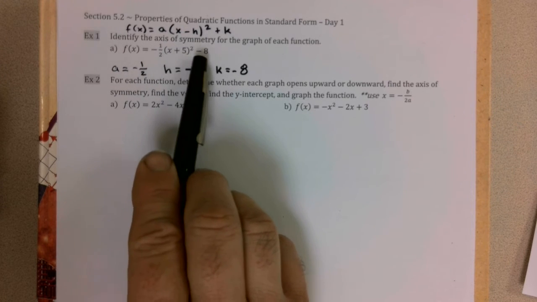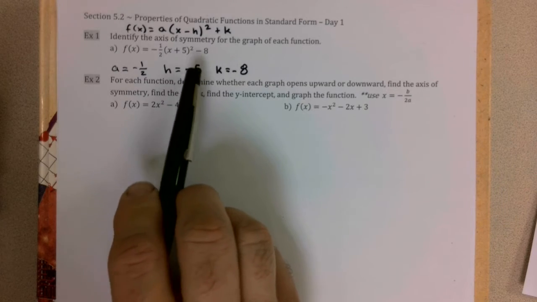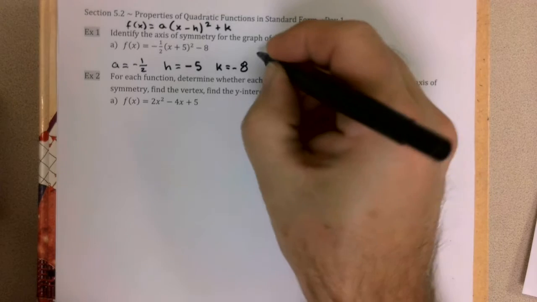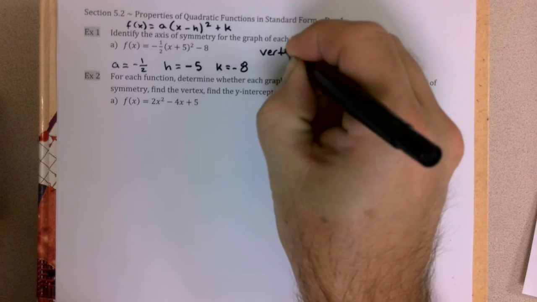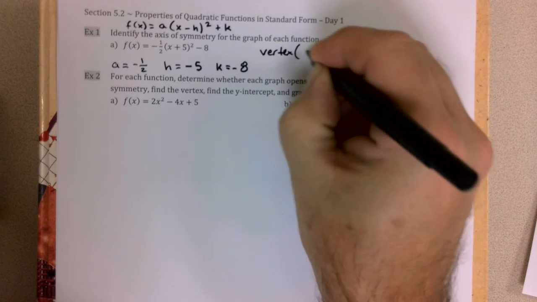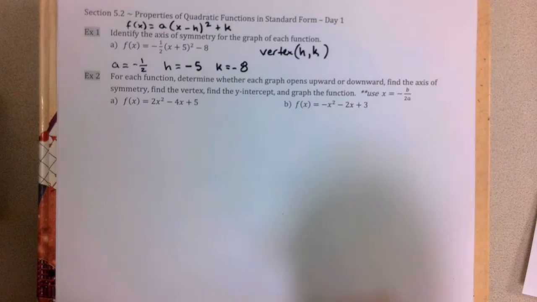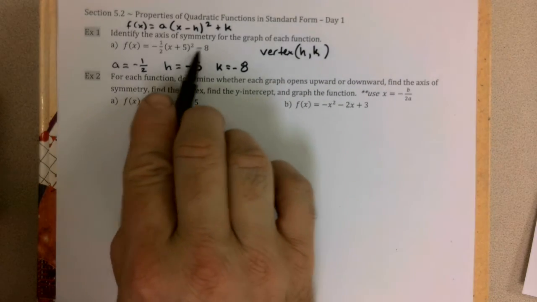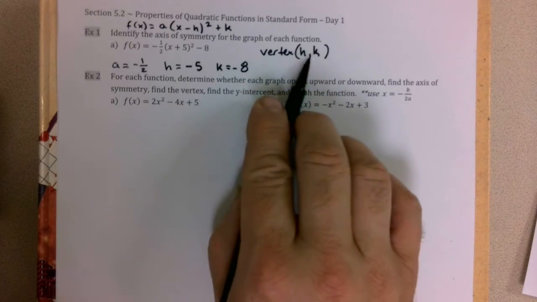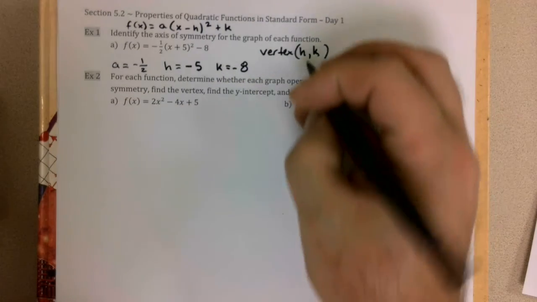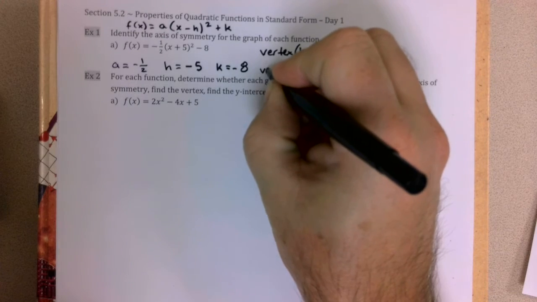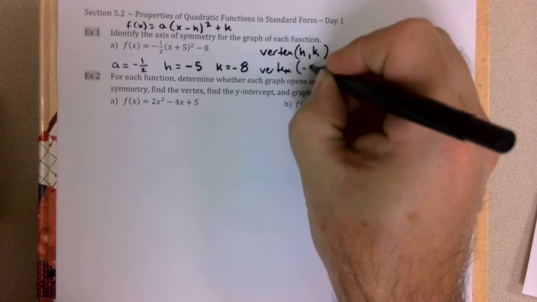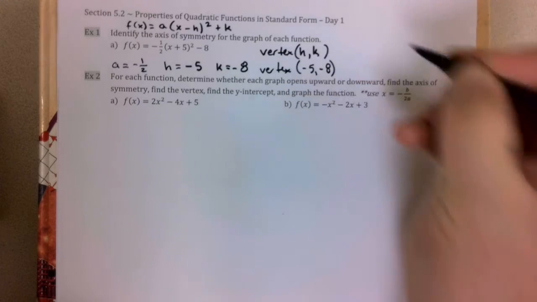But if you go left 5 and down 8, your vertex would be the point negative 5, negative 8. So your vertex is always going to be h comma k when you're using vertex form. You can think of it using horizontal and vertical shifts, or you could use h and k. Both of those would be fine. So for this particular problem, your vertex is at h comma k, which is negative 5 comma negative 8.